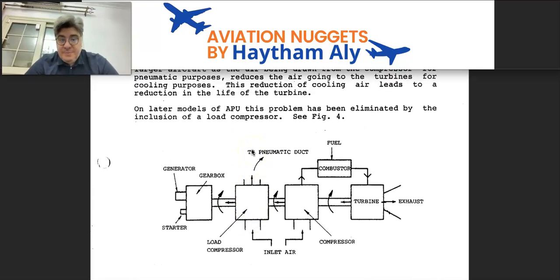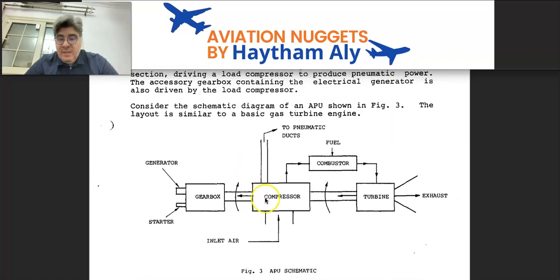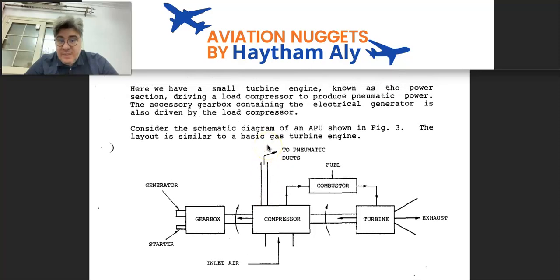Okay, everybody, as you can see here, this is the old design, small APU. We have only 1 compressor, the same compressor for the gas turbine engine power section and also for the pneumatic ducts. But this was a problem for the turbine and the gas turbine engine. As you can see here, we have a small turbine engine known as the power section driving a load compressor to produce pneumatic power.